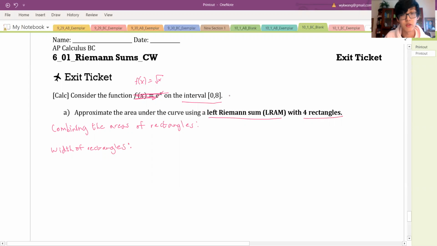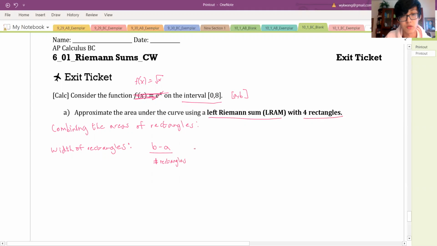In this case, we know our interval is from 0 to 8, so our interval has a length of 8. On the interval of a to b, the width is going to be b minus a divided by the number of rectangles.